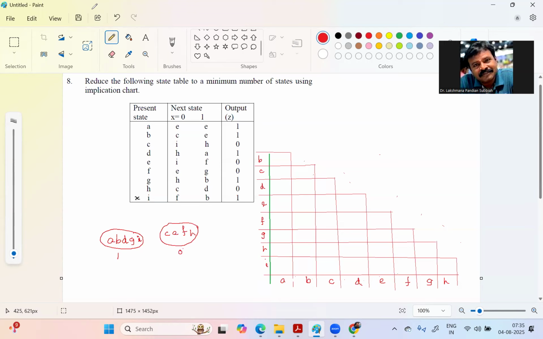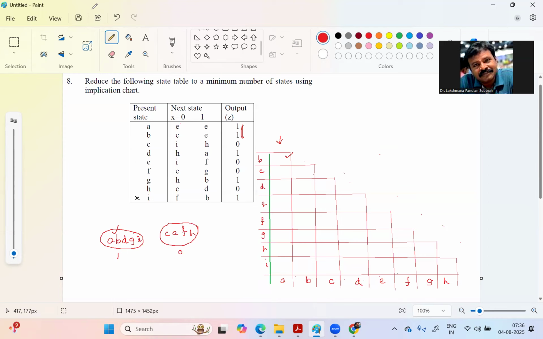Now first you draw that, next you have to make pairs. So that is A, B. In the first column we have AB, and AB has the same output, so you can make a tick mark.